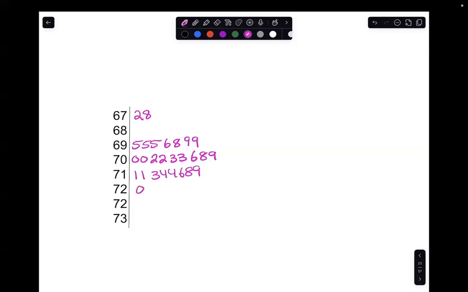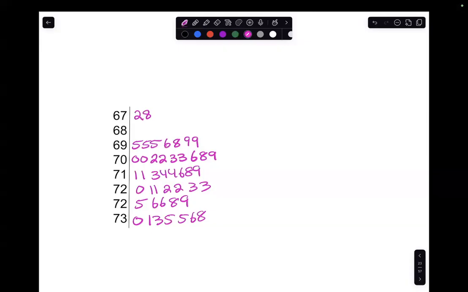So I have 720, 721, 722, 723, and then 725 is going to go down here. And then last. Every data value is represented by one of the pink numbers there, every single one of them. We just list them smallest to largest, just like this. This is how we do it.